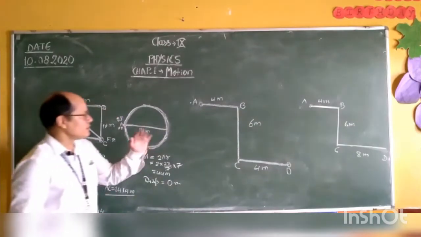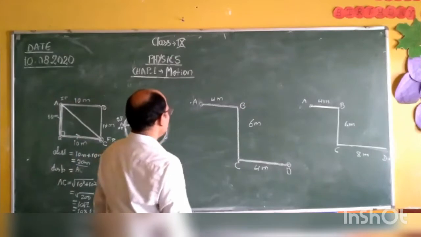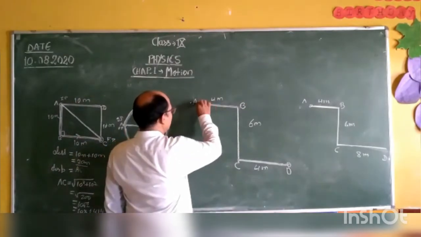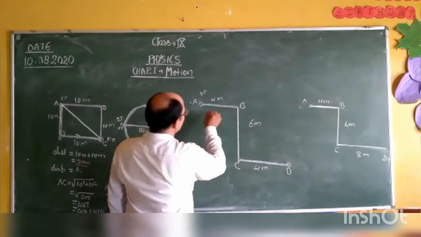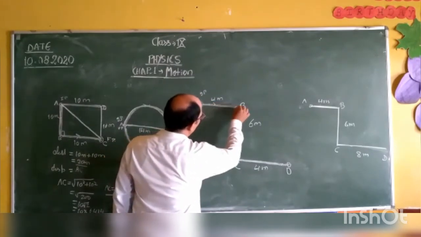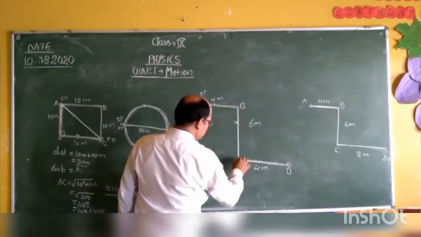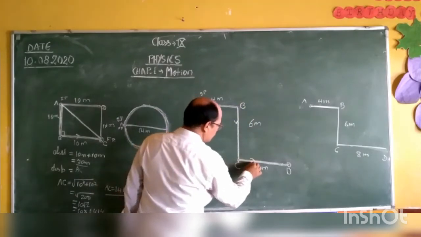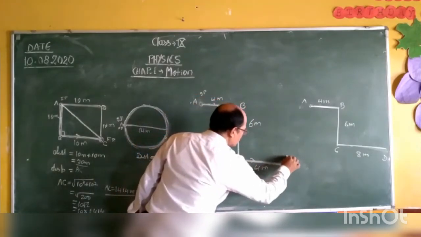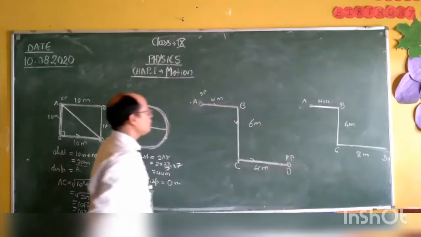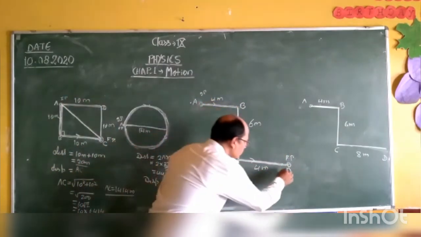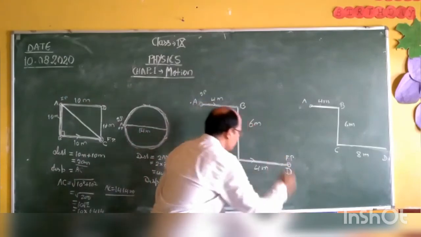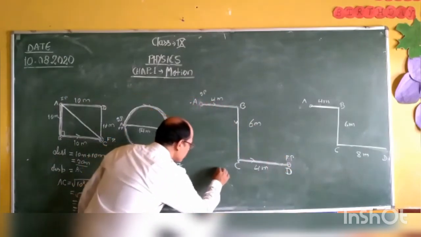Now in the third case, A is my initial position. I start moving from A towards B, then B towards C, then C towards D. D is my final position. I start moving from position A and I stay at the position D. Then what will be the distance?